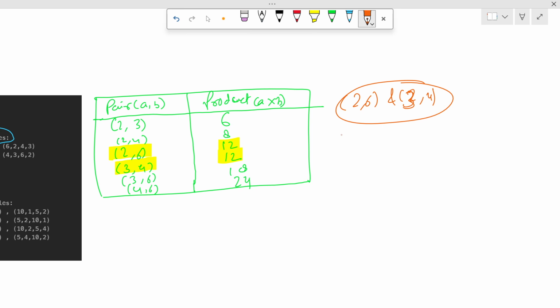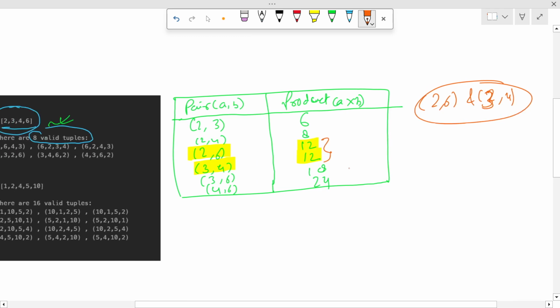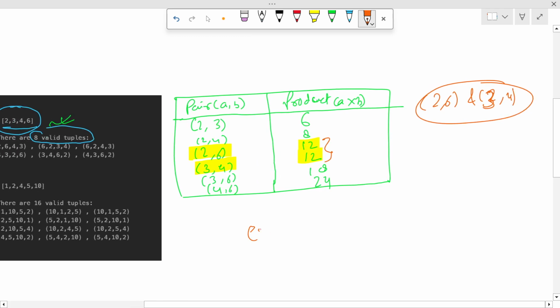Now we have to calculate their pairs: 2 comma 6 and 3 comma 4.